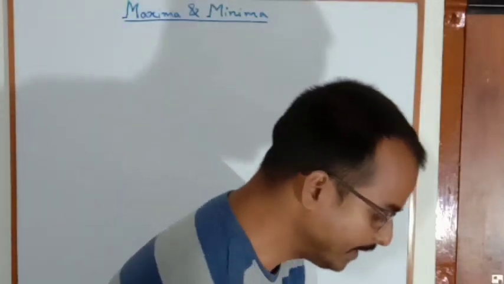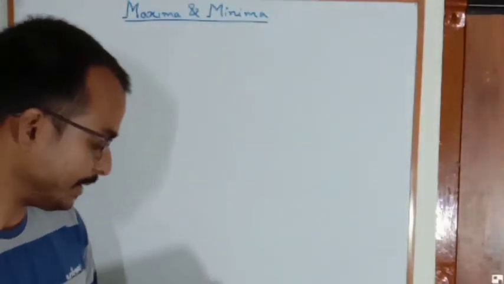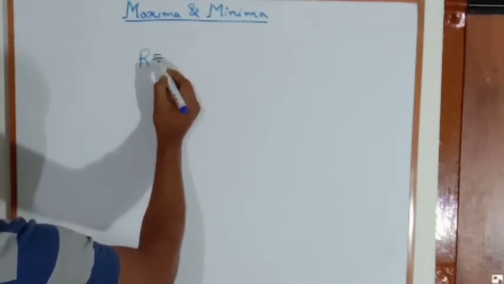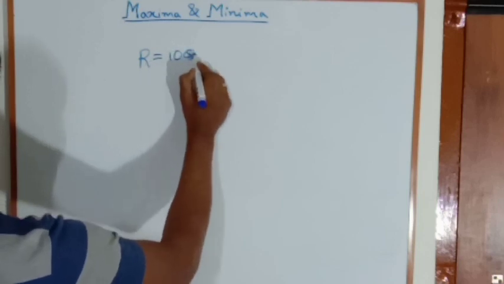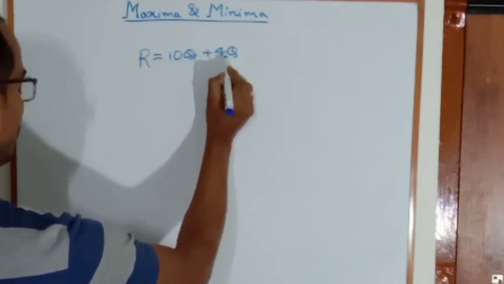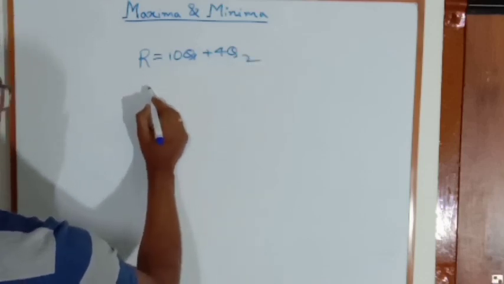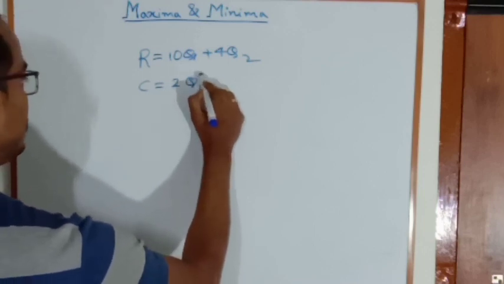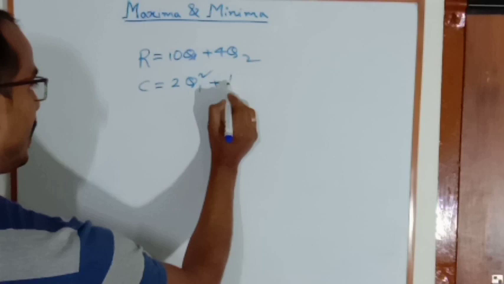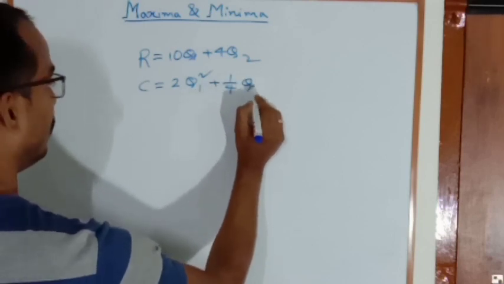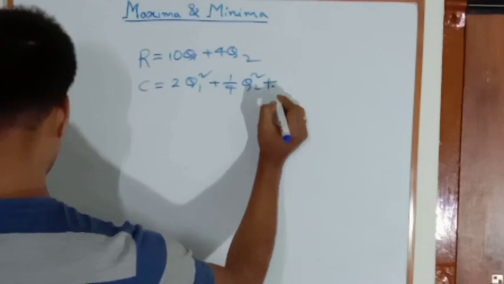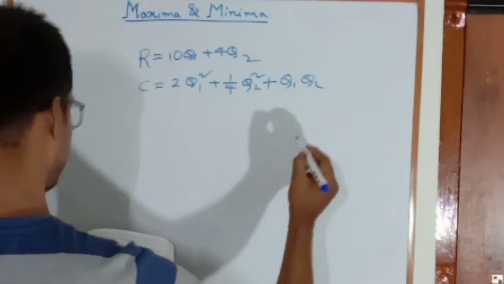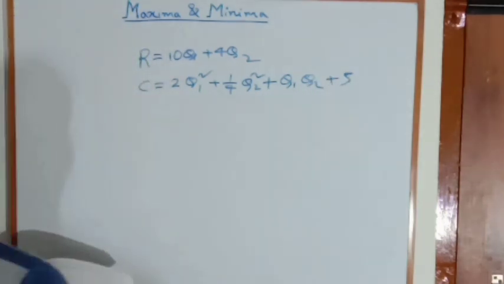For example, I am explaining example 11.4. Here, the revenue function is given. Revenue R = 10Q1 + 4Q2, and C = 2Q1² + 1/4 Q2² + Q1Q2 + 5.